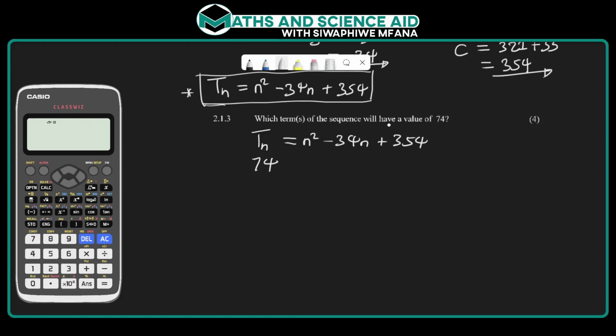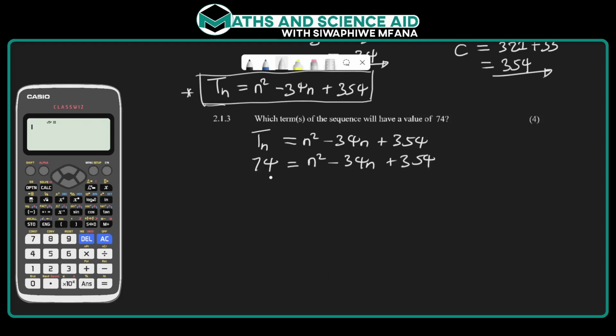So in our case, the nth term that we are looking for has a value of 74, and we want to know which term that is going to be. In other words, we want to solve for n. Okay, and so this is how our equation is going to look.